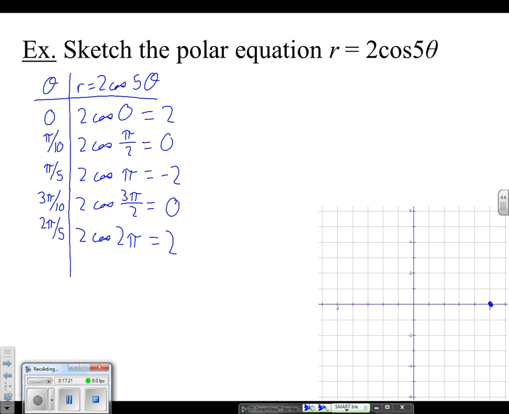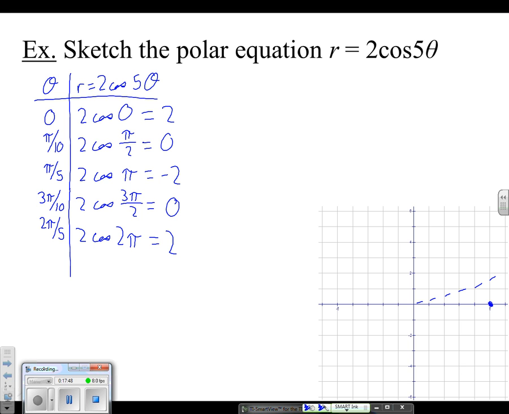Now we're going to go from theta equals 0 to theta equals pi over 10. That's about 1/10 of the top half. And as theta goes from 0 to pi over 10, my radius is going to go down to 0.